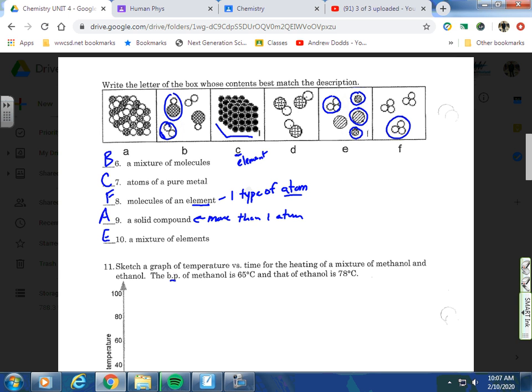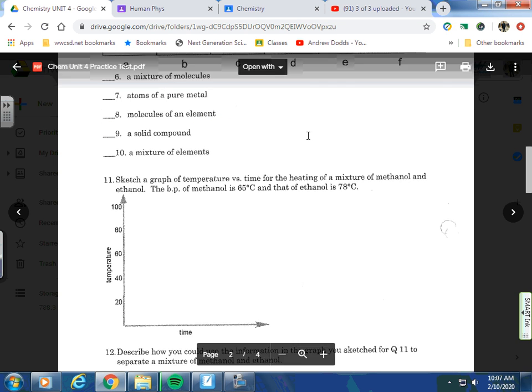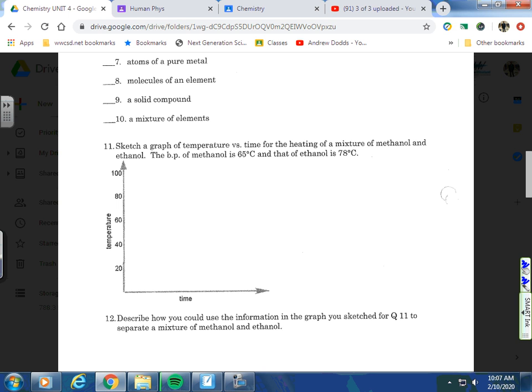Can I erase all this stuff up here? So what I'm going to do is take 65 degrees. So here's the temperature. So in between is 70. So maybe somewhere like here, I would make a flat spot. And then a little higher, like right below 78, I make another flat spot. Maybe I make it a dotted line, or maybe I just label my lines.